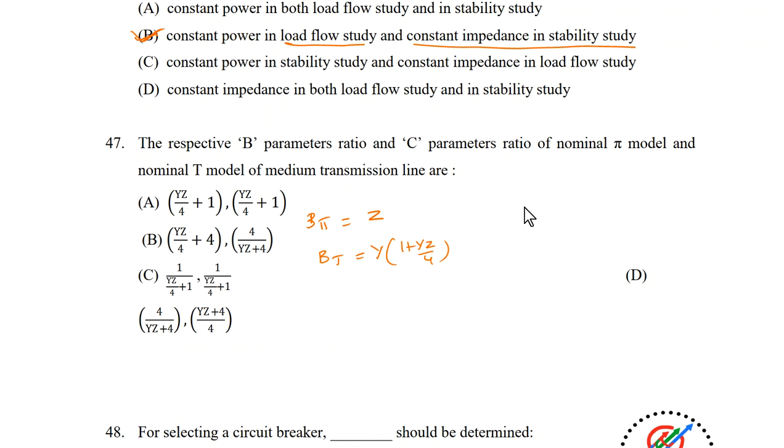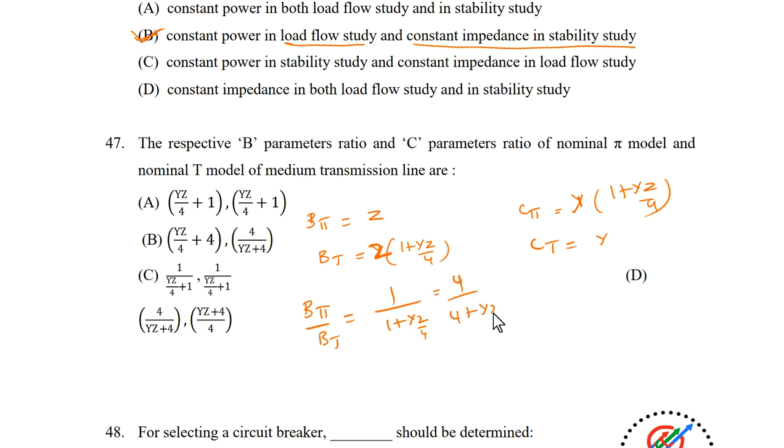Similarly, C in pi model is Y into 1 plus YZ by 4, and C in T model is Y. So substitute this: B pi by Bt is nothing but 1 by 1 plus YZ by 4, so simply 4 by 4 plus YZ here.